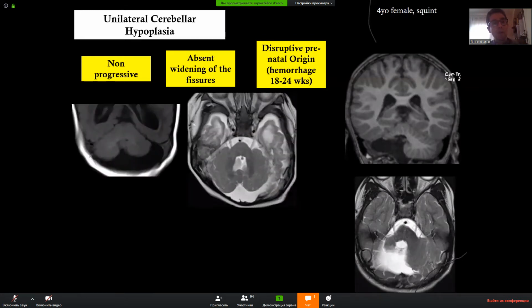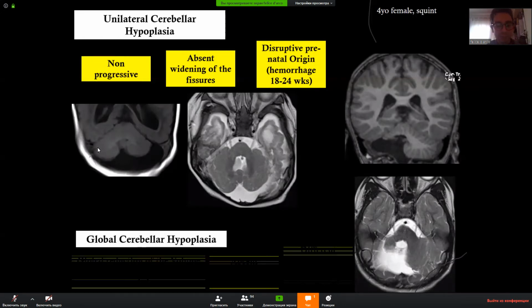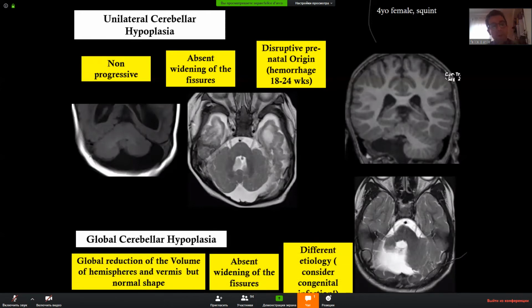This is a global bilateral cerebellar hypoplasia, and again, you can see the cerebellum is clearly small, but there is no widening of the sulci. Global or bilateral cerebellar hypoplasia is a global reduction of the volume of the hemispheres and vermis, but with normal shape, without widening of the fissures, because when there is widening of the fissures, we call it atrophy.